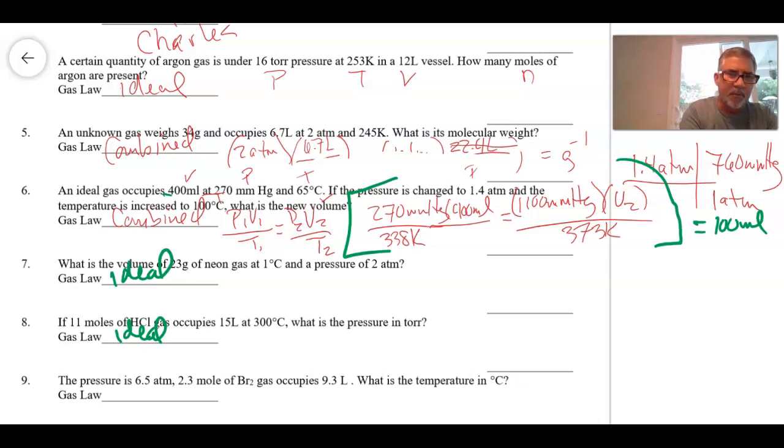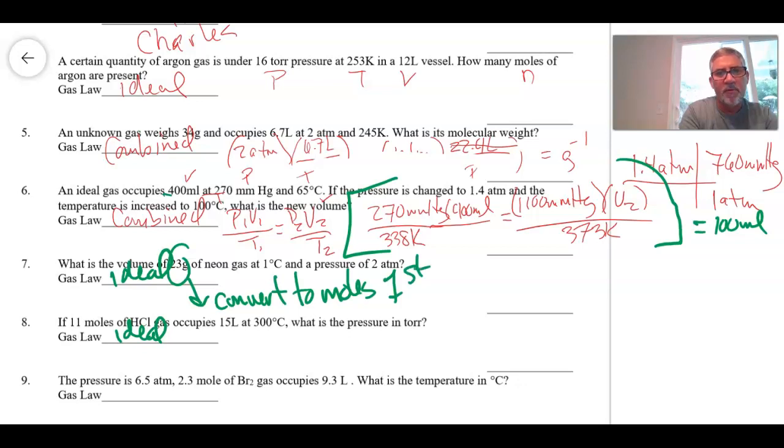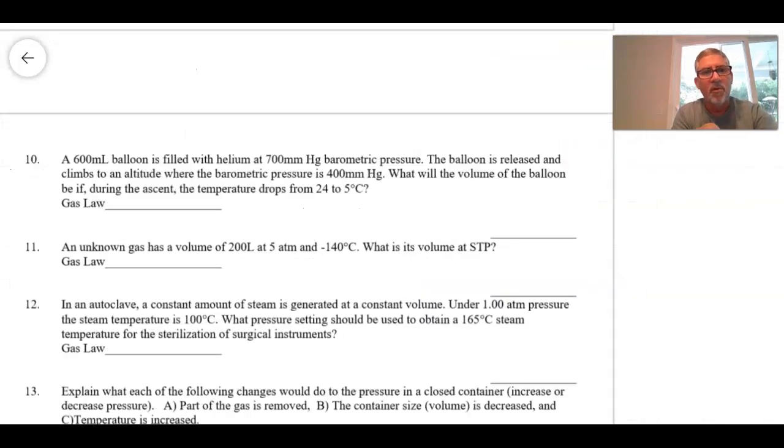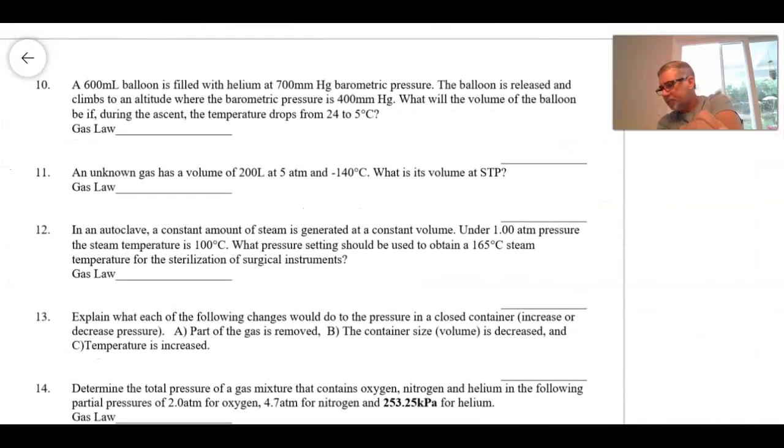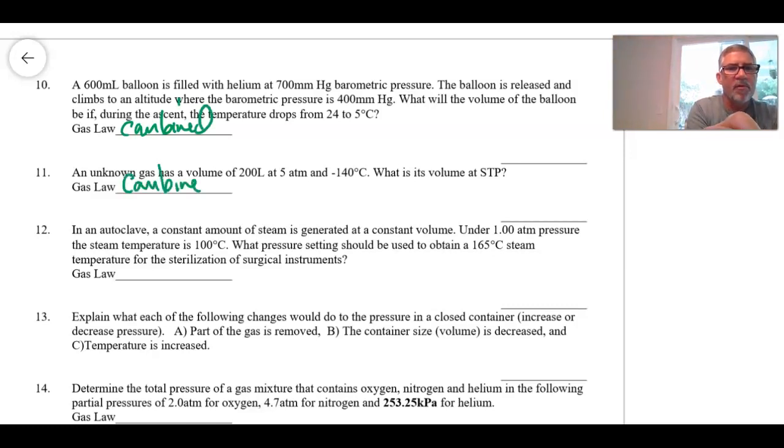With 7, remember the 23 grams, you have to convert to moles first. 9 is ideal. 10 is combined. 11 is combined.